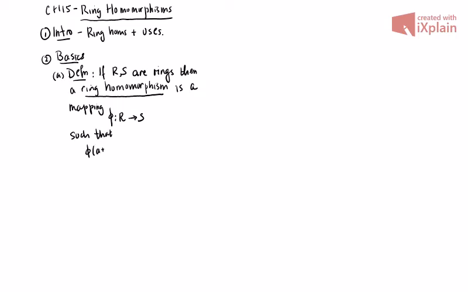Phi of A plus B is phi of A plus phi of B, and phi of AB is phi of A times phi of B. And again, just remember that the operations on the left side are in R, but this plus and this multiplication are in S.